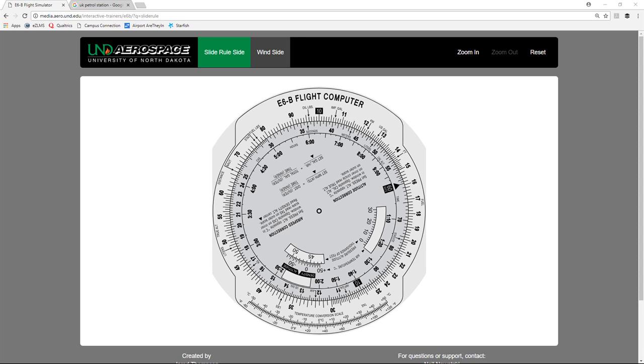Now, there is a slight issue with this particular E6B in that we have a marking here for US gallons on the B scale. There should be an arrow associated with that, and that should point to 12.8. So that arrow should look like this. So if you have an E6B perhaps made by Jeppesen, chances are you're going to have that arrow there.